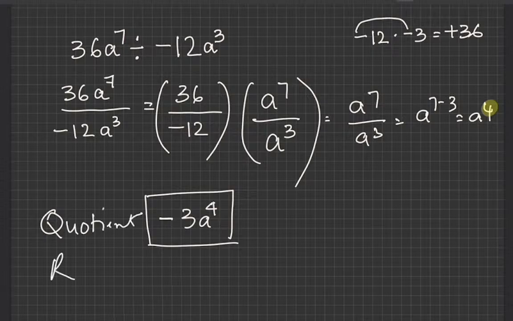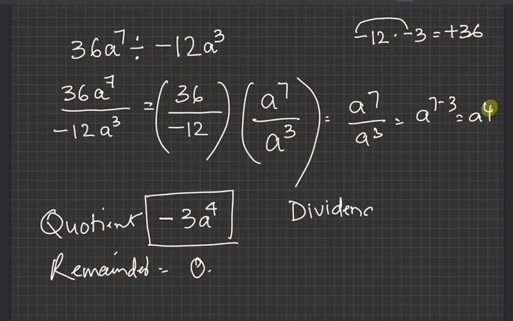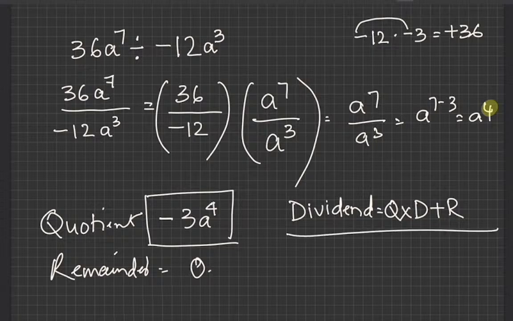And again, your remainder is 0. Remember Euclid's division lemma? Just to recap, or for a quick revision, we have: dividend is equal to quotient times divisor plus remainder, right?